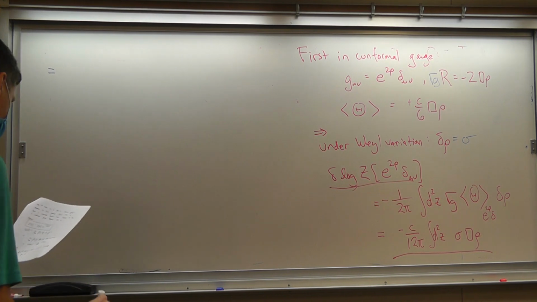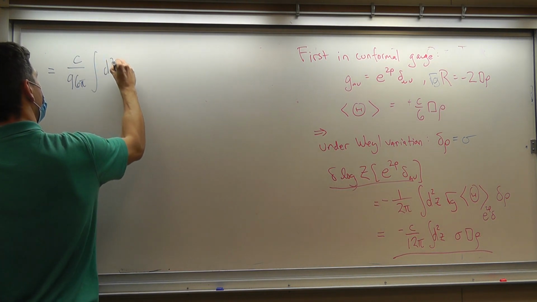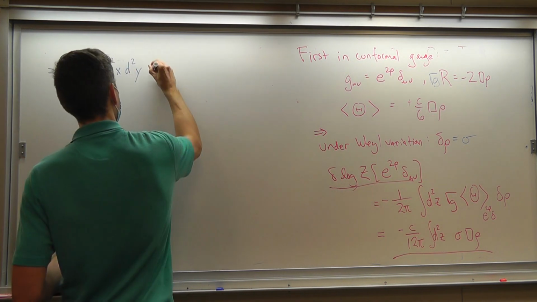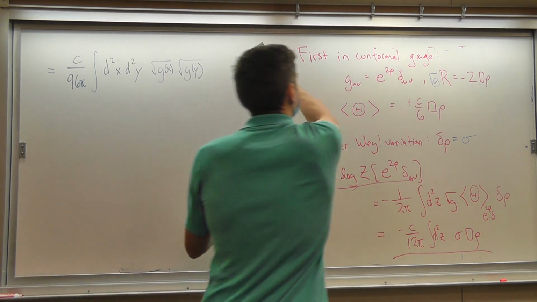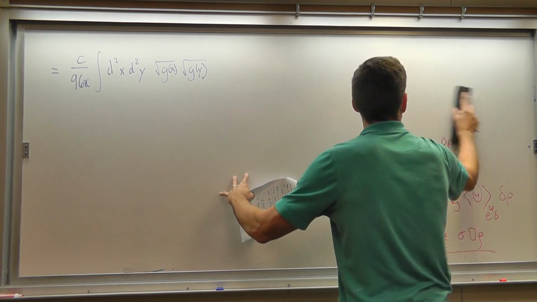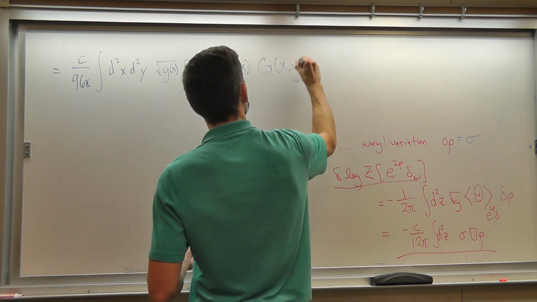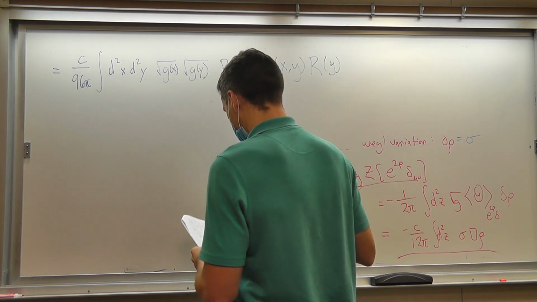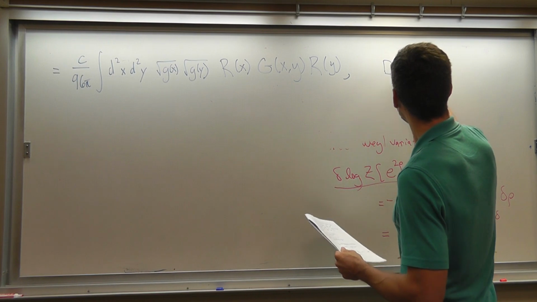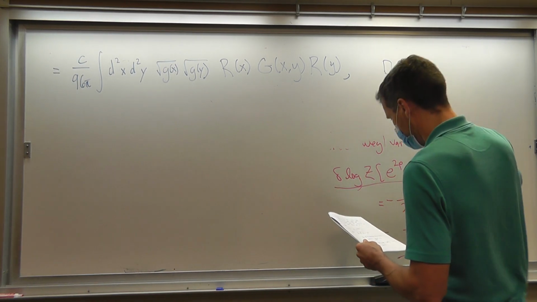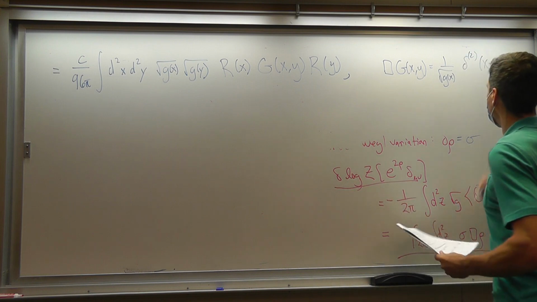So what that formula really means is c over 96 pi integral d2x d2y root g of x root g of y, curvature at x, G of x comma y, curvature at y, where this Green's function is defined so that box G of x comma y is equal to 1 over root g of x times the delta function x minus y.